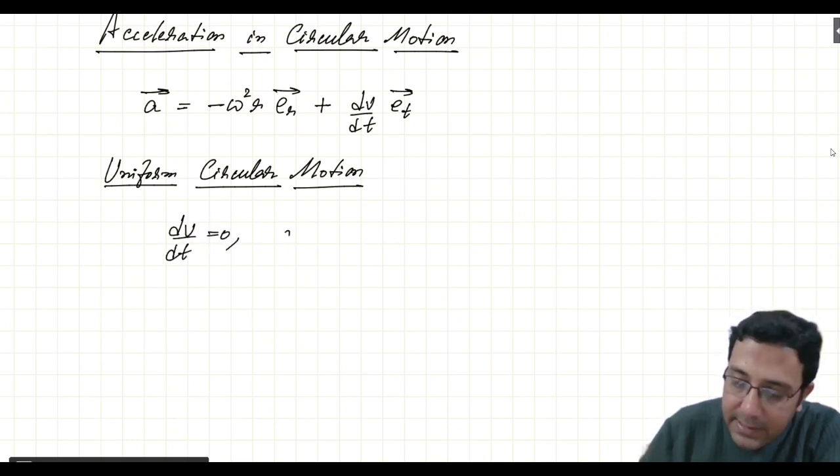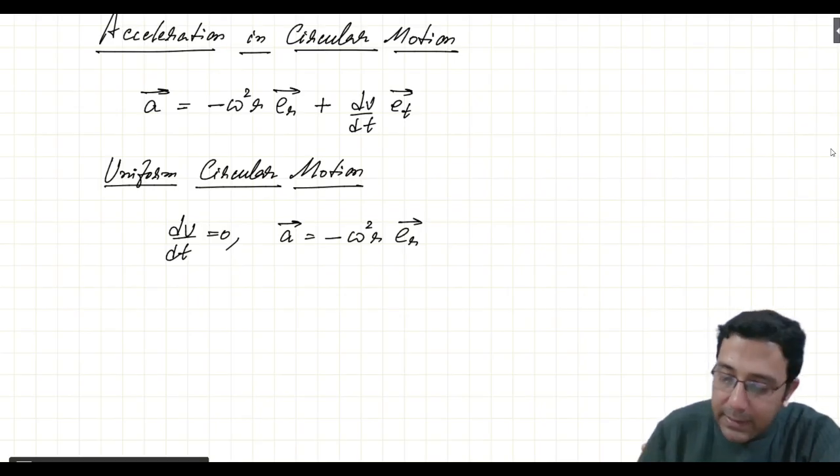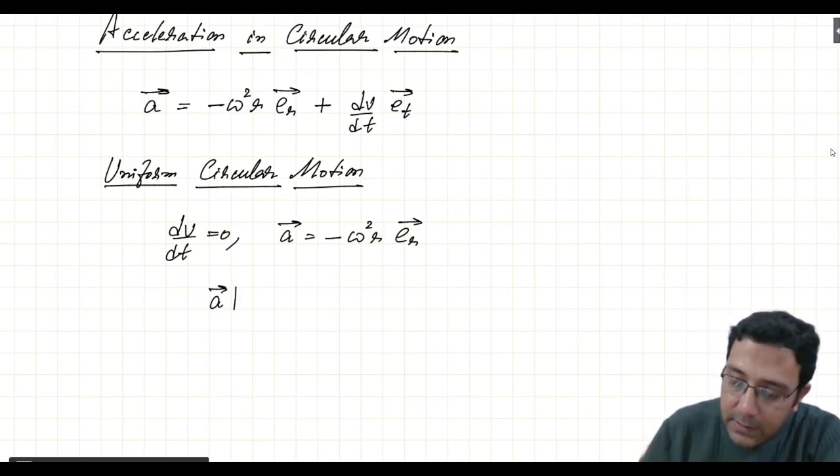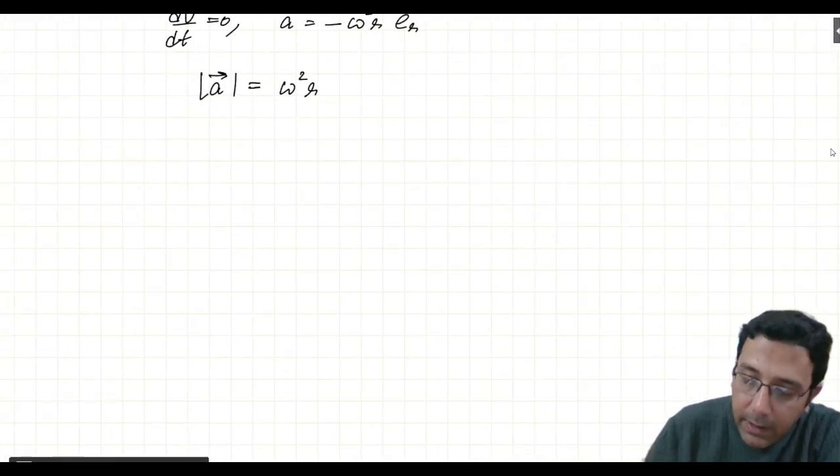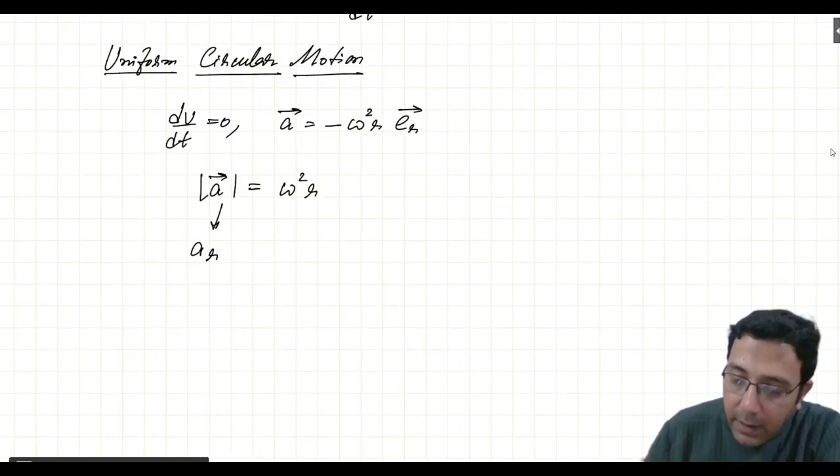In that case, acceleration becomes minus omega square r er. The magnitude, AR, will be omega square r.